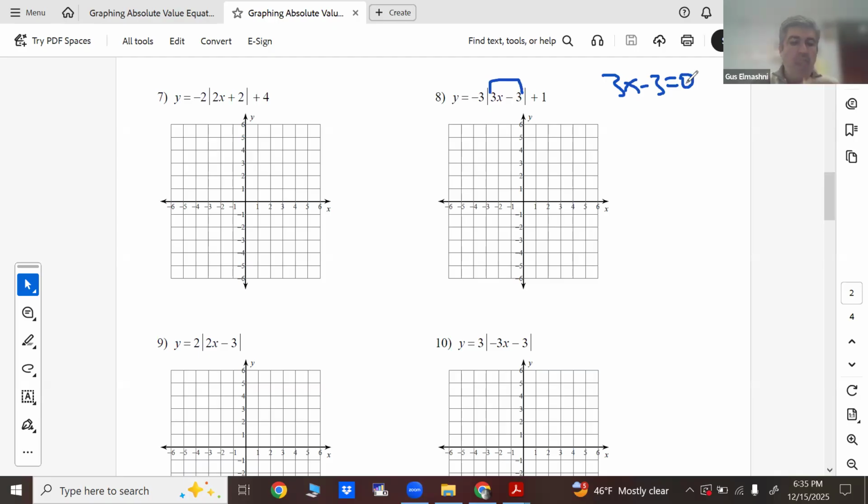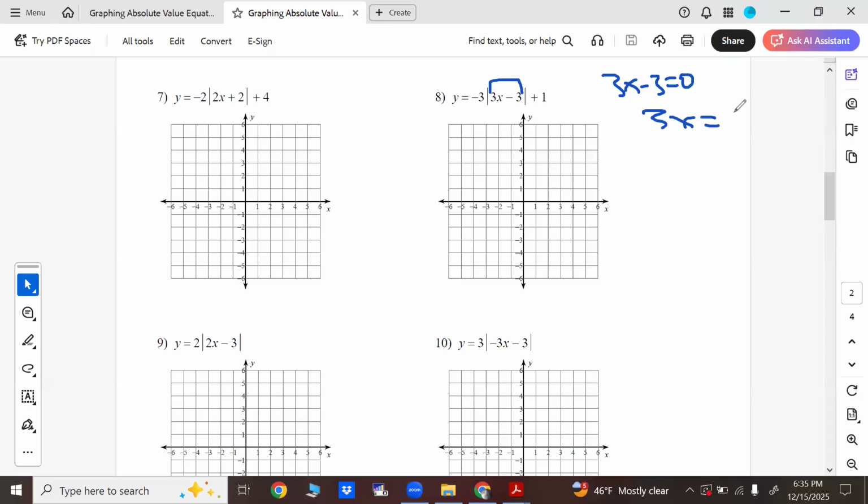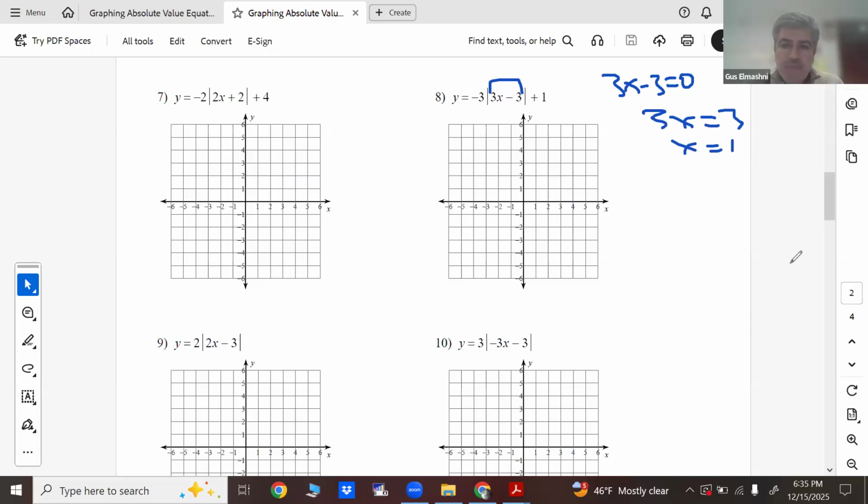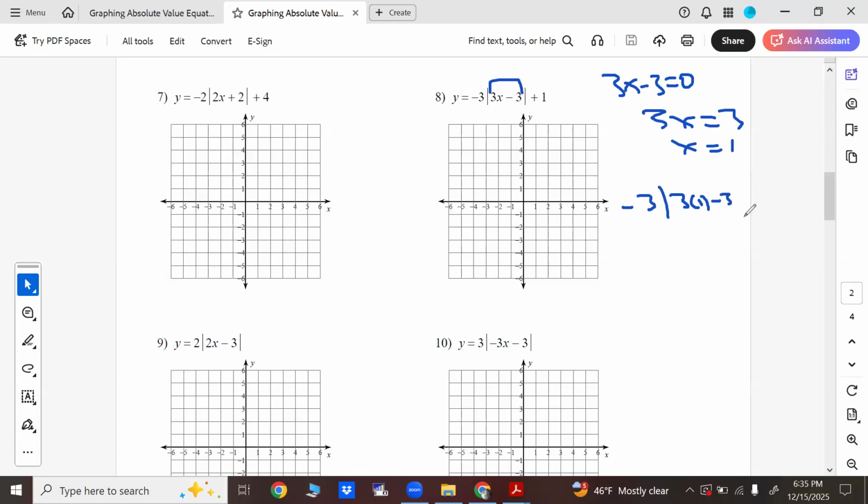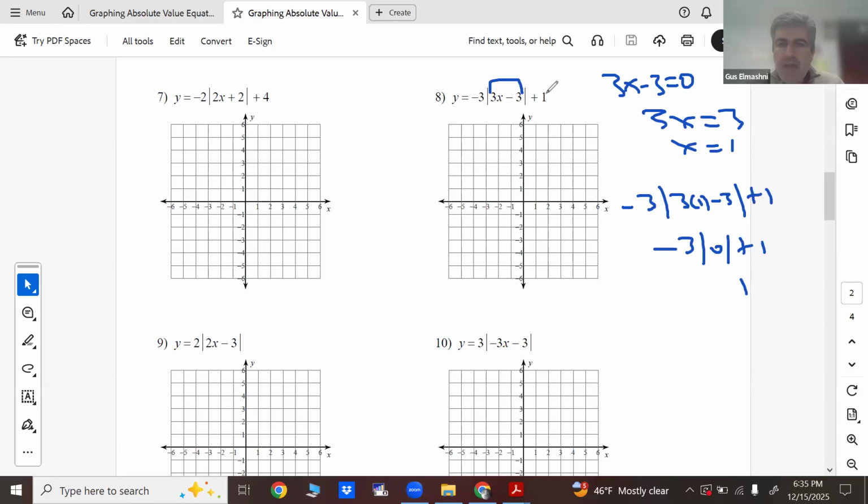If you do that, you get 1. Then you throw 1 back into the equation, which of course makes the inside 0. So still the outside number is the vertex. So 1, comma 1.